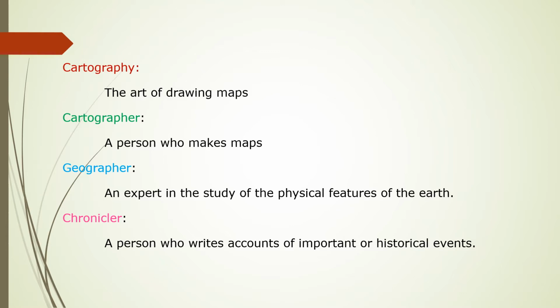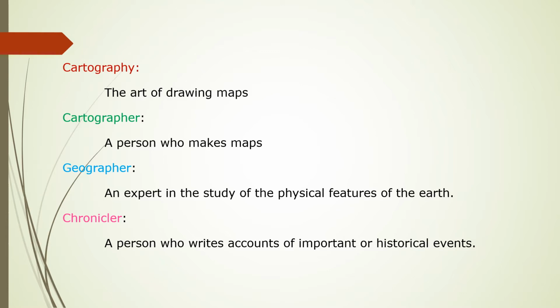Geographer means an expert in the study of the physical features of the earth. And chronicler is the person who writes accounts of important historical events.